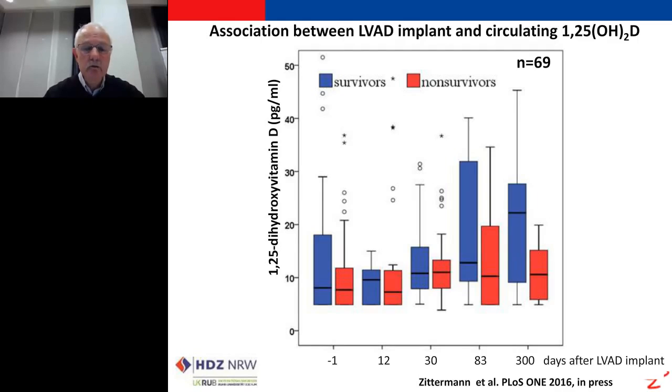But interestingly, the non-survivors, those who did not survive the first post-operative year, they had the 125 dihydroxyvitamin D level remained very low, but in those who survived the first post-operative year, in those patients, the 125 dihydroxyvitamin D level increased significantly until the end of the follow-up period. This also shows that obviously the 125 dihydroxyvitamin D is a good predictor of poor clinical outcome in heart failure patients.